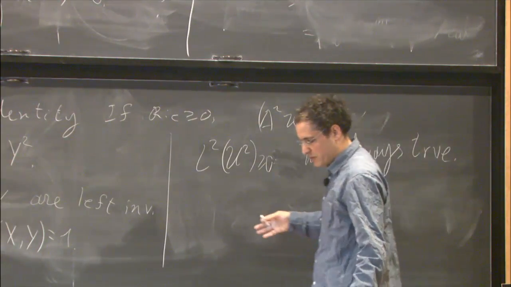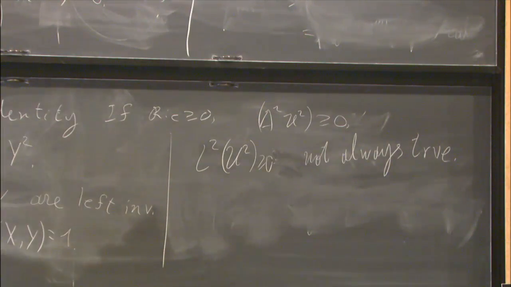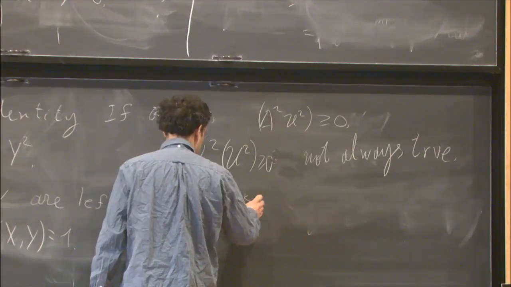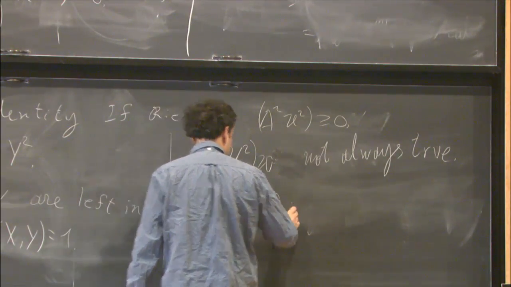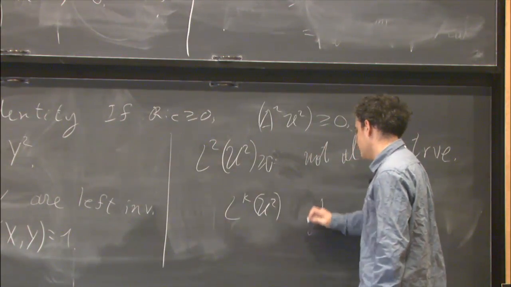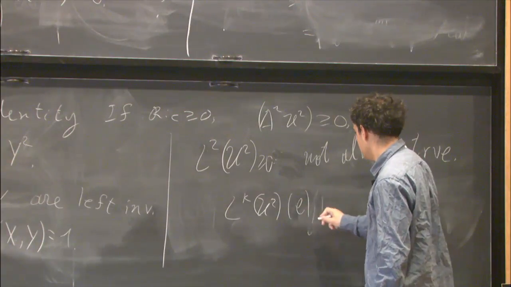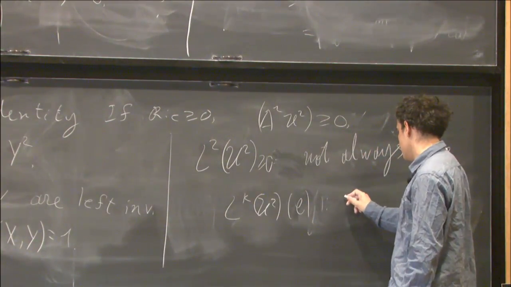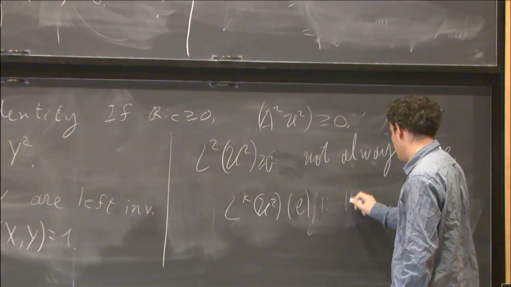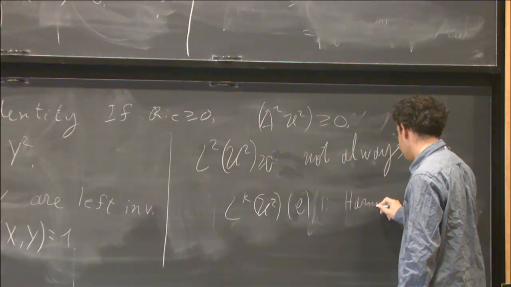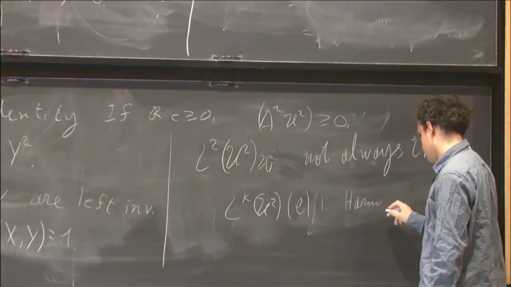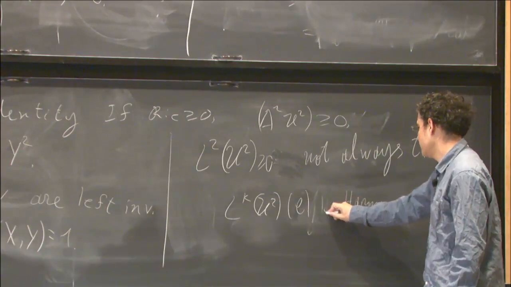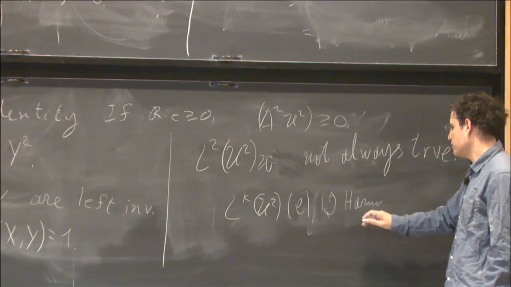And of course, a general question would be: we can consider this as a quadratic form on the space of harmonic functions, say evaluated at the unit element, where U is harmonic.